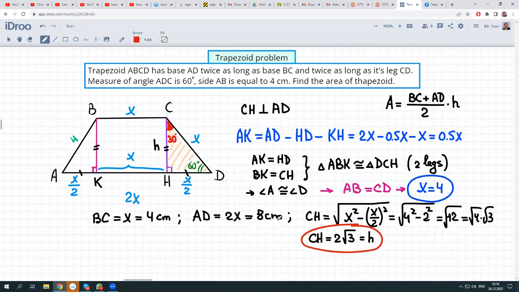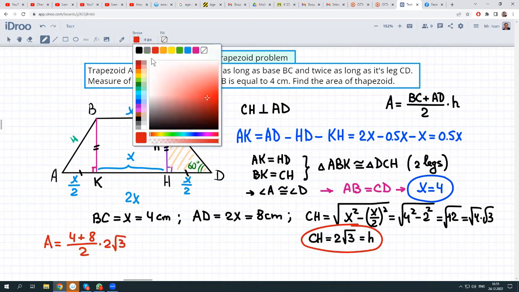We know completely everything to calculate the area of the trapezoid. Let me do this. The area of the trapezoid is equal to base BC, which is 4, plus base AD, which is 8, over 2, times the height, 2 root 3.